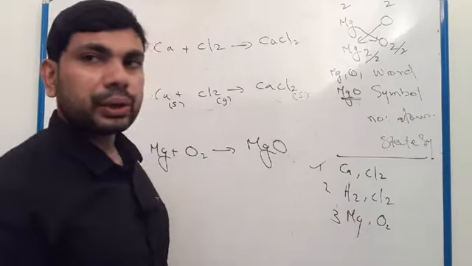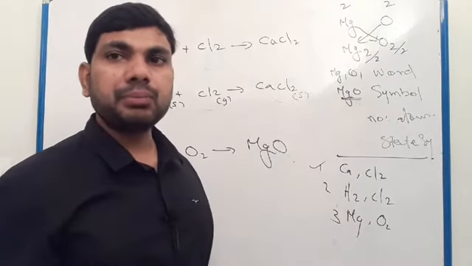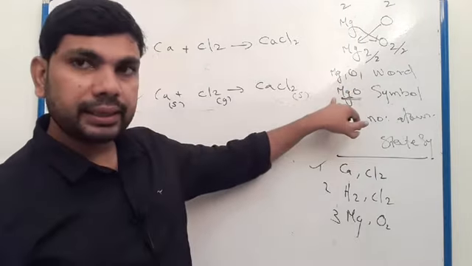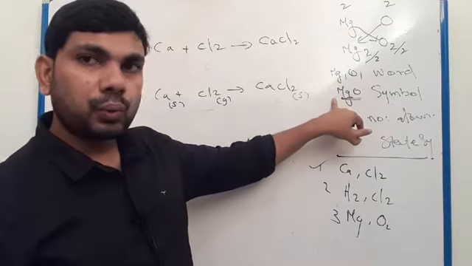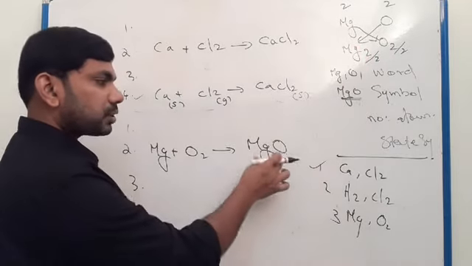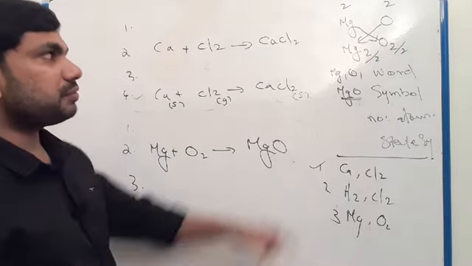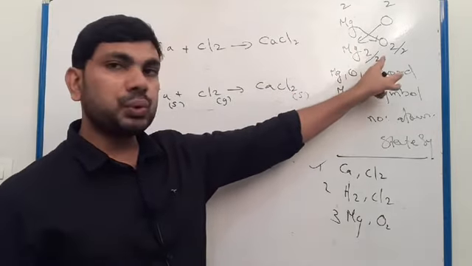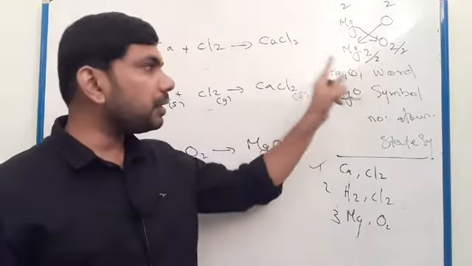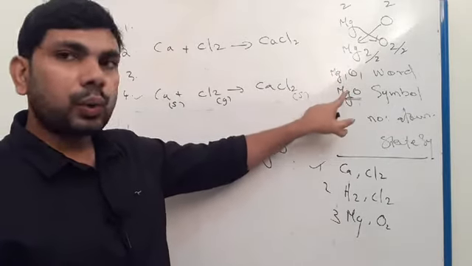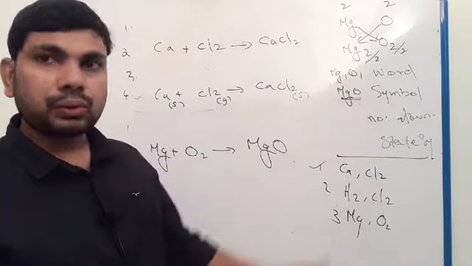So Mg1O1 means MgO. That's why the formula of magnesium oxide is MgO. Clear? So use valency, you get Mg2O2, simplify with a common number, Mg1O1, so MgO finally.